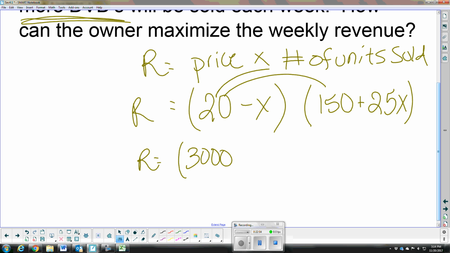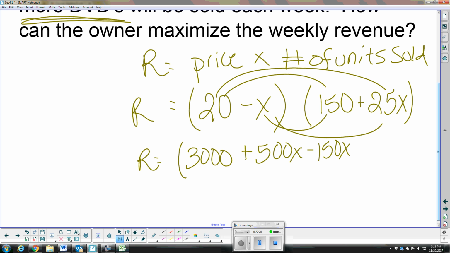And then outside terms, it's 20 times 25, which is 500x. And then the inside terms, and then the last terms. Minus 25x squared.